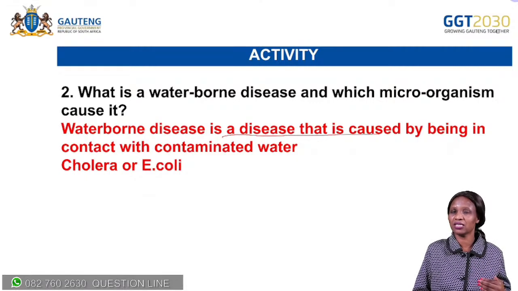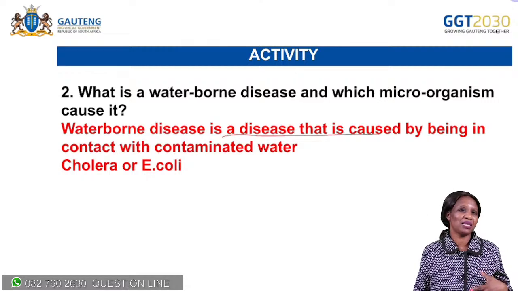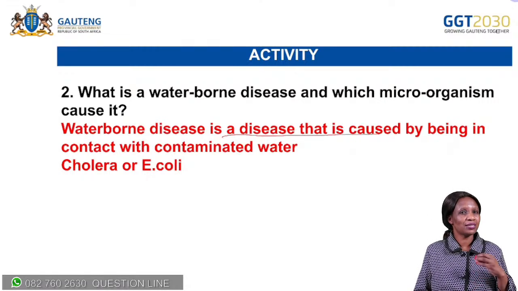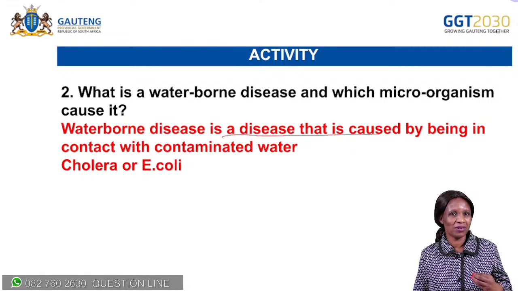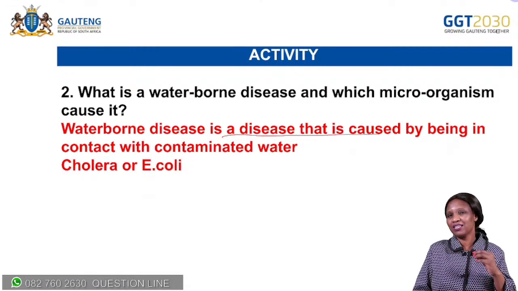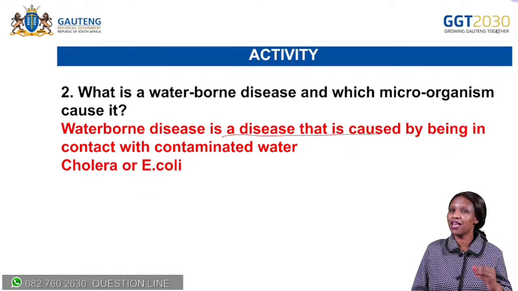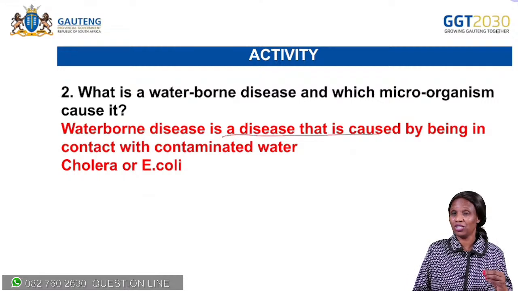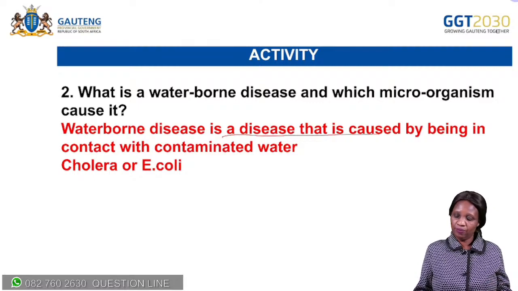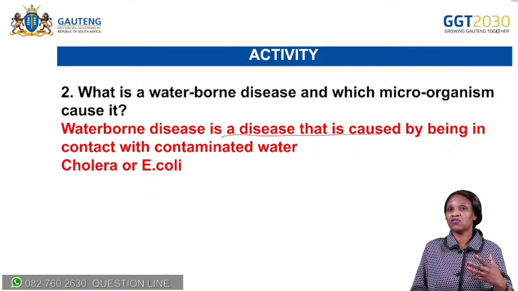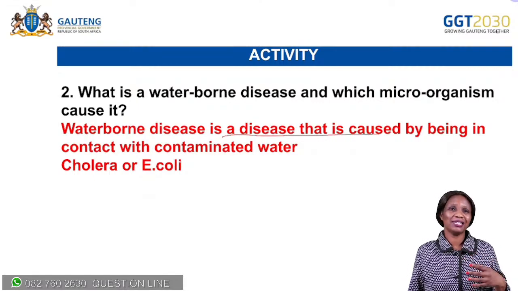Cholera is very dangerous because you'll have an upset tummy. When I say upset, do you understand what I mean? It means you'll have a running tummy. You'll have diarrhea. Good. And then it is very dangerous because you will get dehydrated.